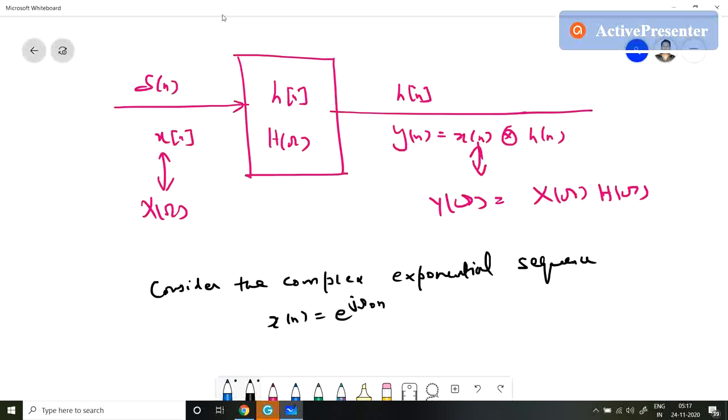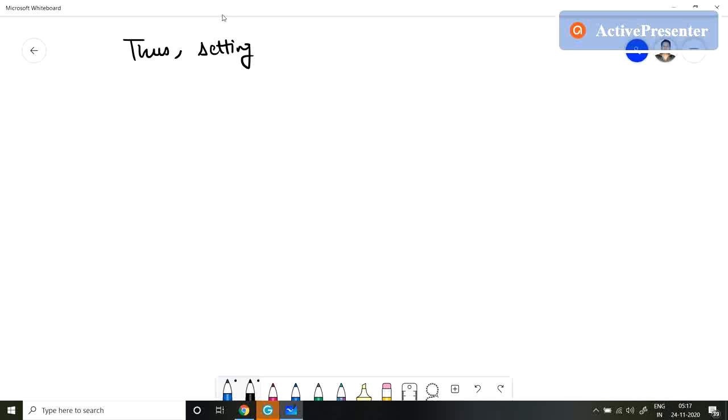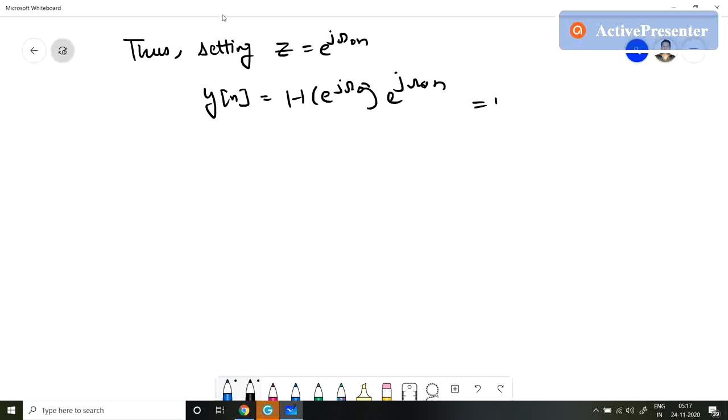Now let us set z = e^{jΩ₀n}. Thus what we are getting is y[n] = H(e^{jΩ₀}) e^{jΩ₀n}, and that is equal to H(Ω₀) e^{jΩ₀n}.